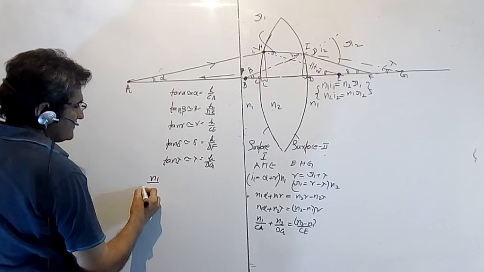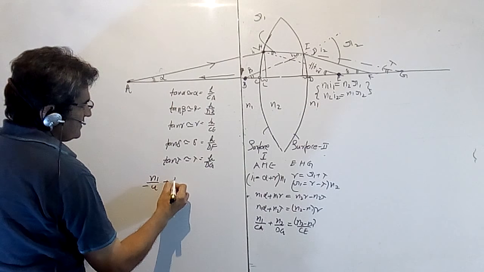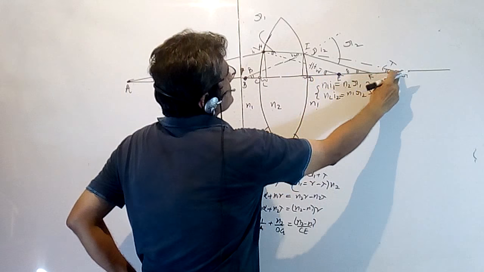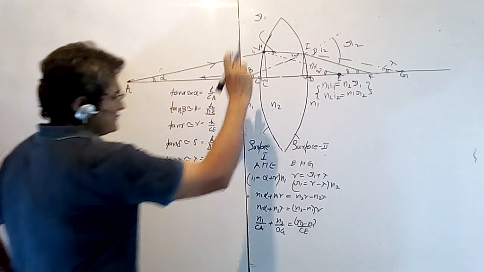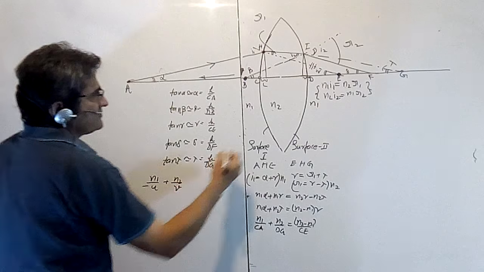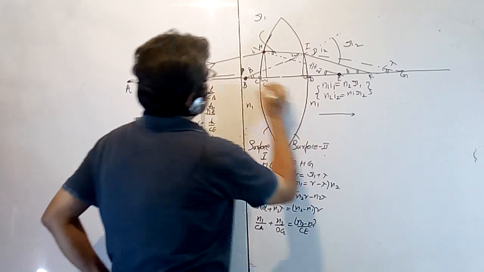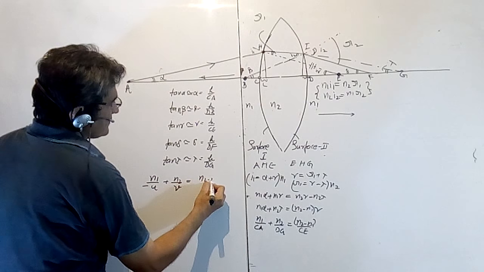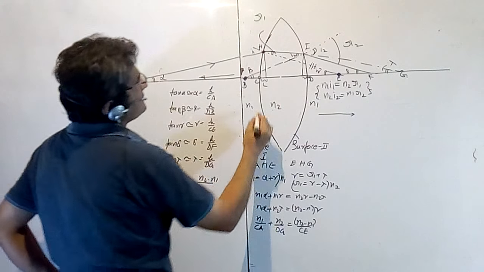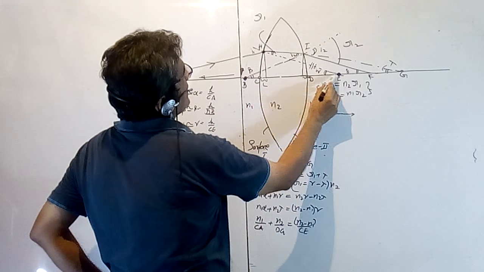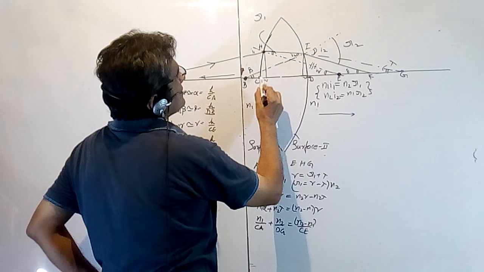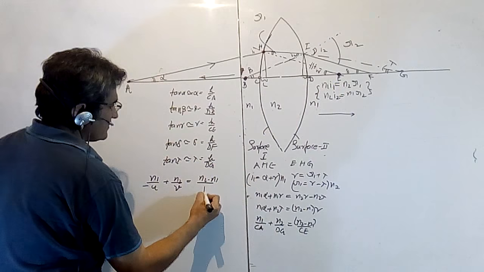So it will be minus U, plus N2 upon V, DG is my V. It is positive, going along the incoming ray, and it is N2 minus N1 upon CE. CE is my R, and for this surface it is positive, so I write R.